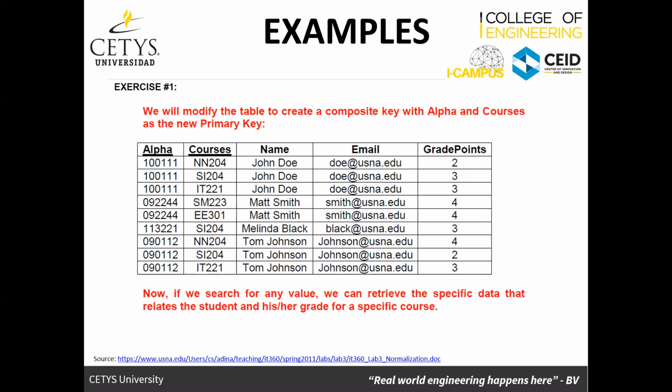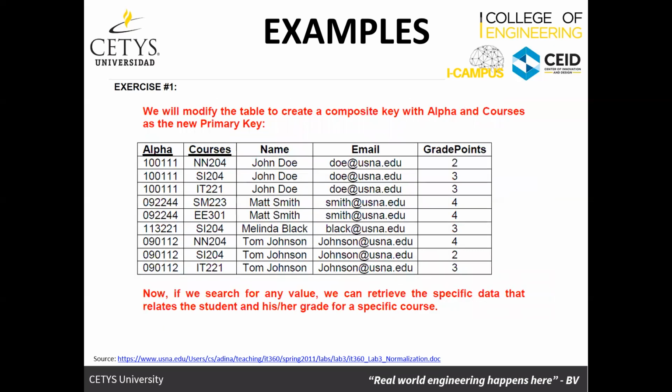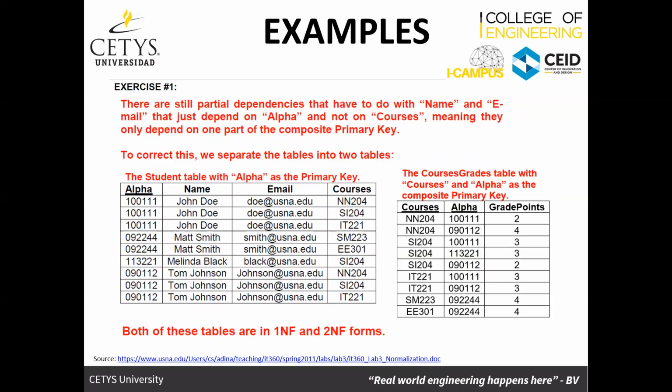But still, the information is redundant and repeated, and we still have dependencies. We have some things that just depend on alpha, which are the name and the email, and other things that depend on the courses, which are the grade points. We want everything to depend on the primary key.